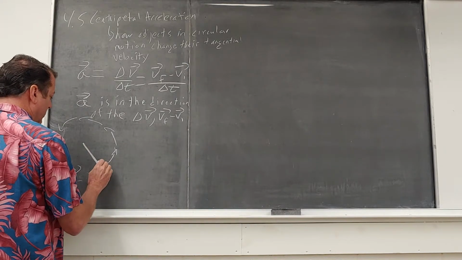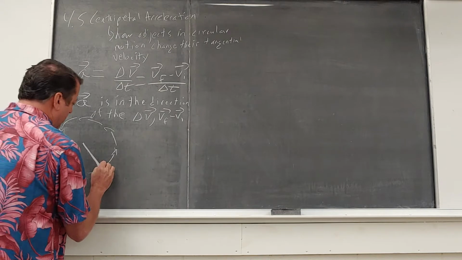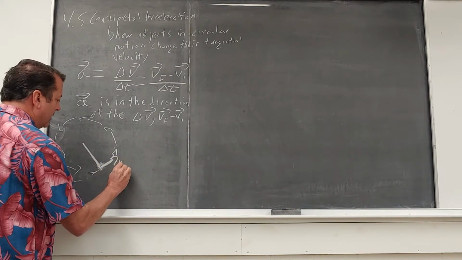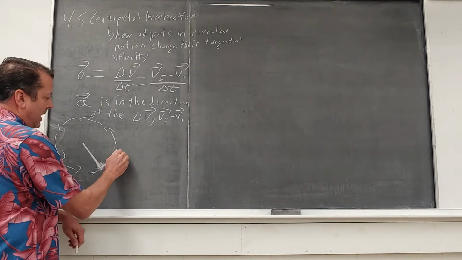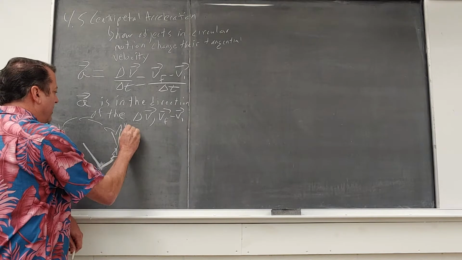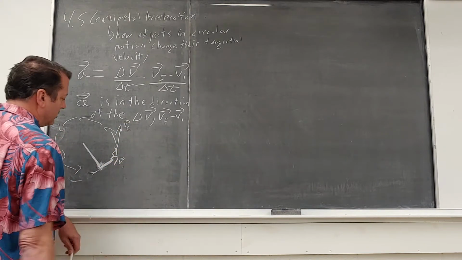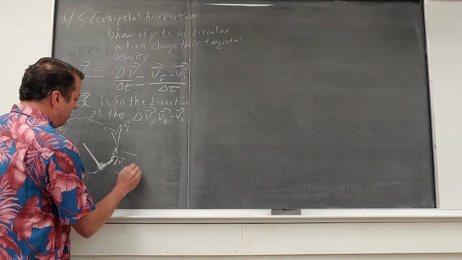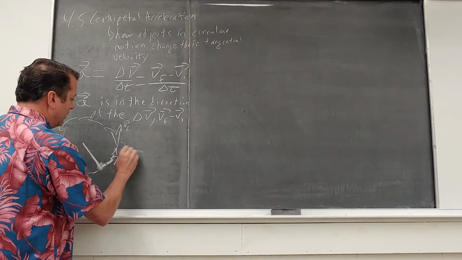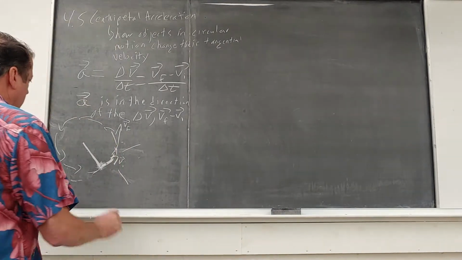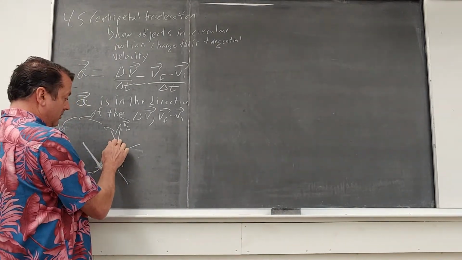So if you think about it, let's start off here. That's my initial velocity. A little bit later, say right here, this is going to be my final velocity. These are all vectors. So I've got to take these two vectors and subtract them. So let's blow that up. So tip to tail method, right? Now if I add them, it would be like this.